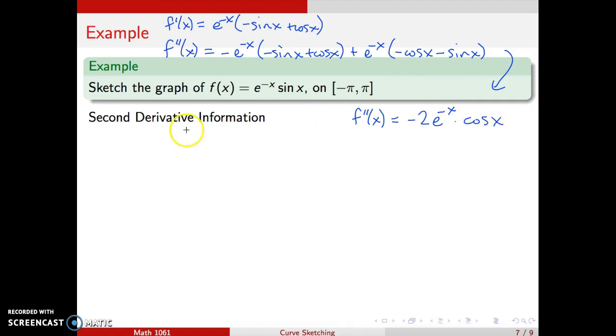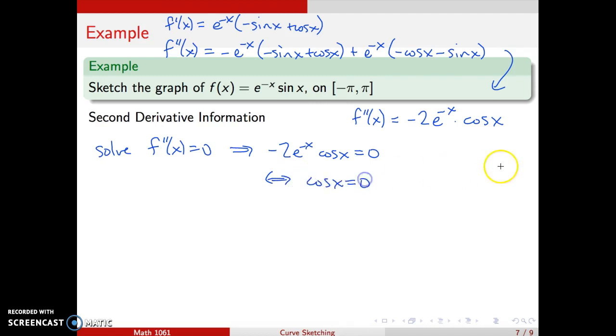So this is defined everywhere, so I want to solve where does this equal 0? Where does negative 2 times e to the negative x cosine x equal 0, and that's happening exactly where cosine x is 0. And that occurs for x equals negative pi over 2 and pi over 2 on the interval in question, negative pi to pi.